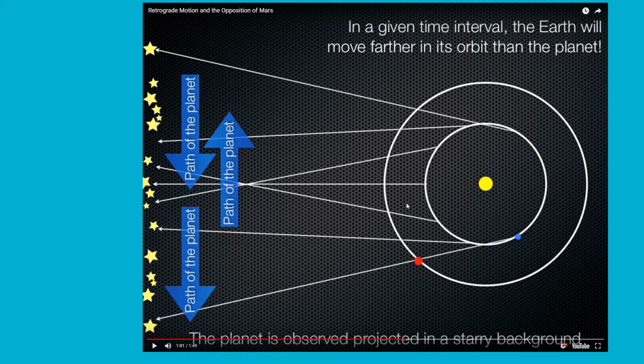And then lastly, once we get really far ahead and we start to look back, it's again going to be projected to the left. So what happens is, it looks like the planet moves from right to left, then from left to right, and then from right to left again in the night sky.